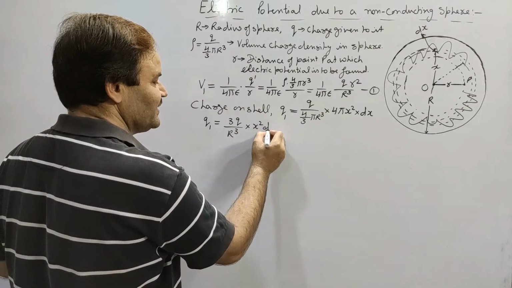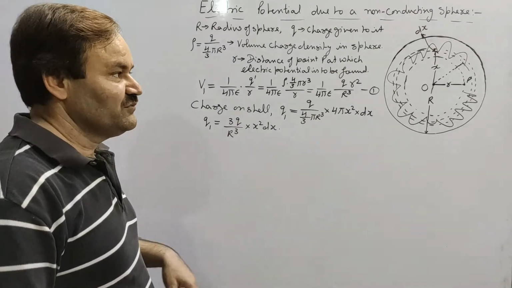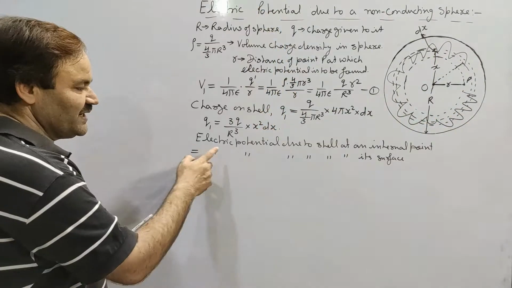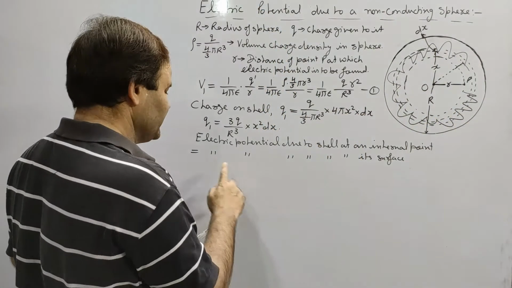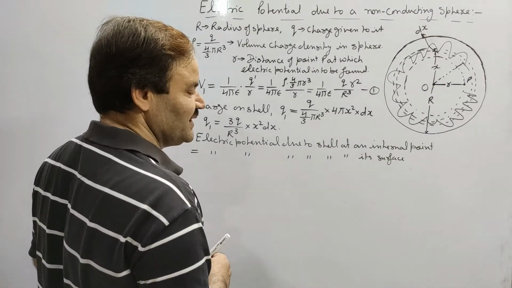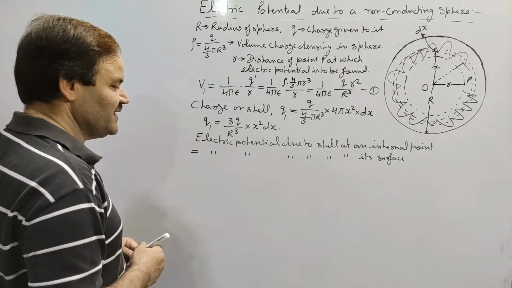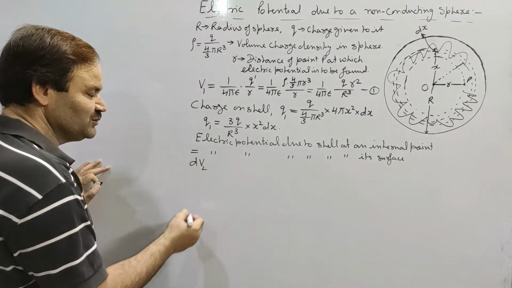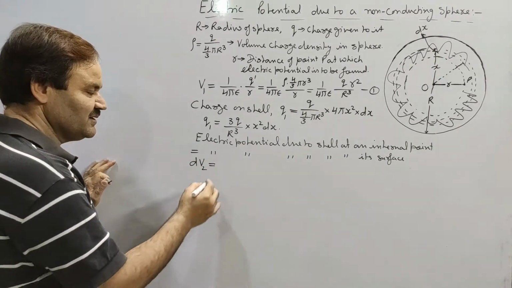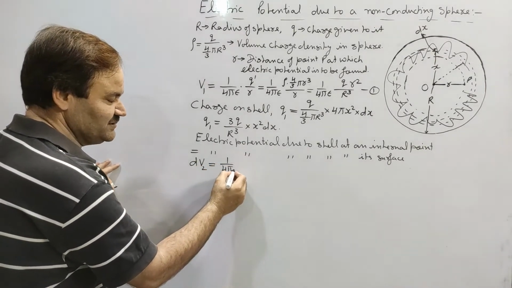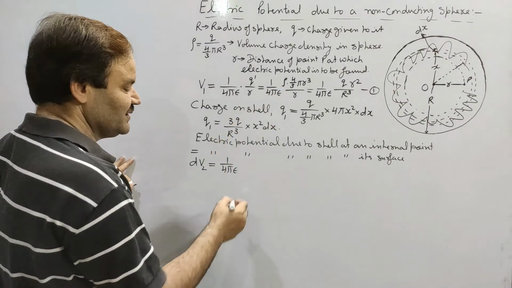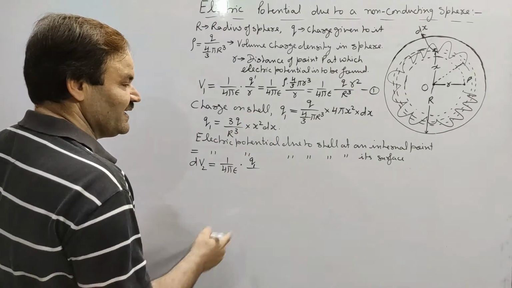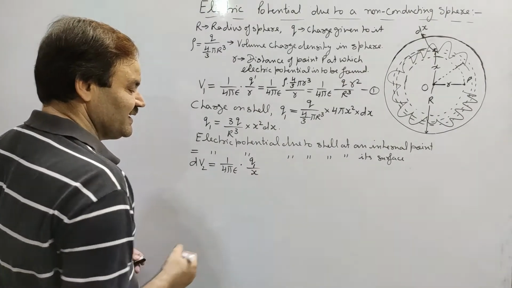into x square dx. Now we will find out the electric potential at an internal point due to this shell. Electric potential due to the shell at an internal point is equal to the electric potential due to the shell at any point on its surface, and say that potential is dV2, then this dV2 will be 1 over 4 pi epsilon times the charge on the shell, that is Q1, upon the radius of the shell, and the radius of the shell is x.